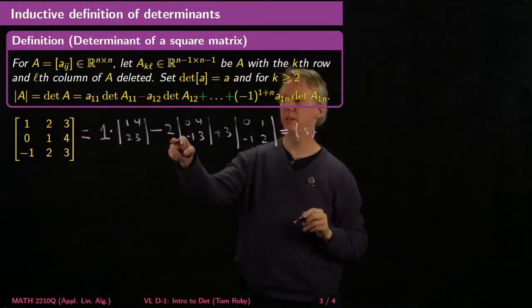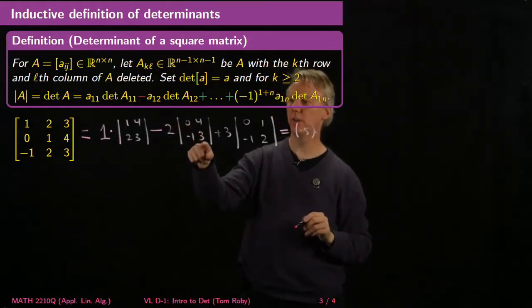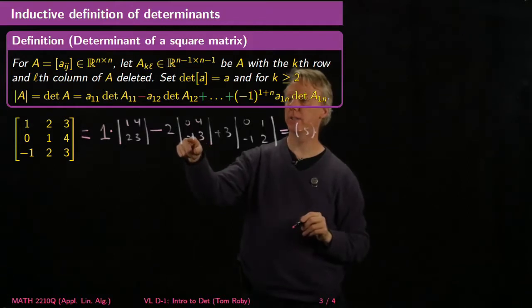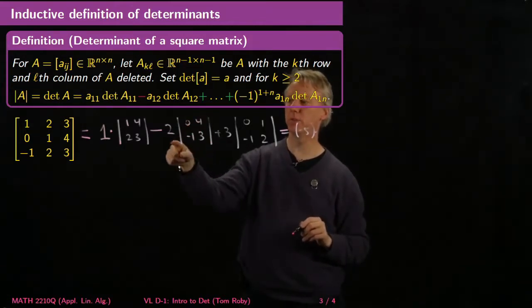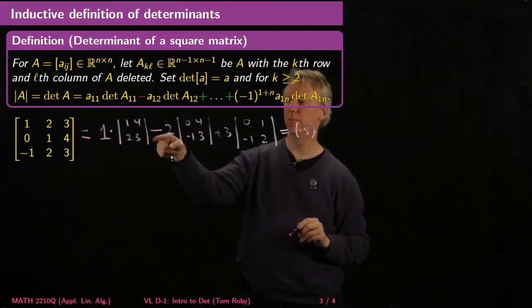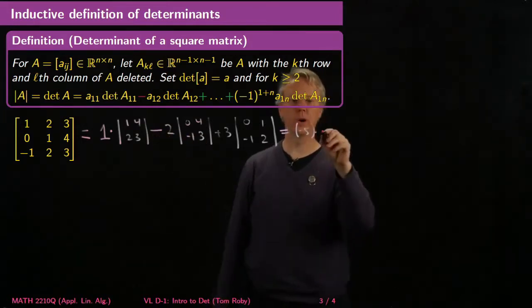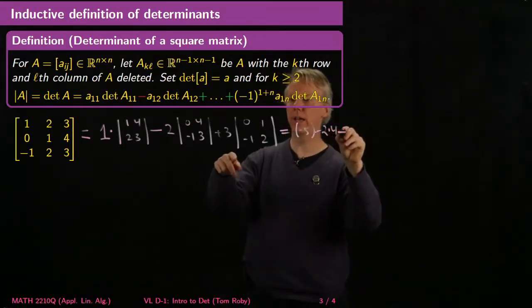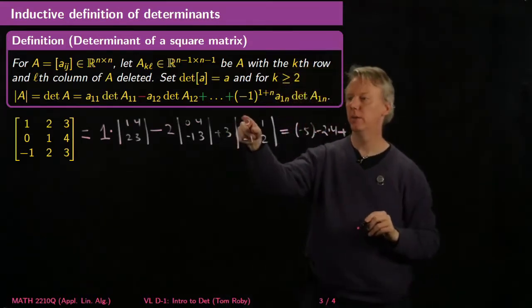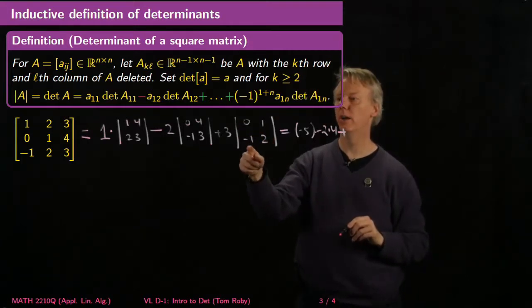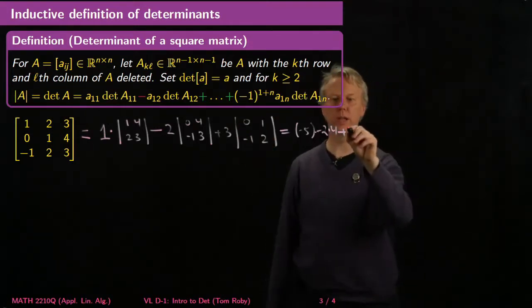Now minus 2 times, what do I get? 0 times 3 minus negative 1 times 4. So minus minus 4 is plus 4. So it's going to be minus 2 times 4. And then the last one is going to be 3 times, well, 0 times 2 is 0, minus negative 1 is plus 1. So plus 3.